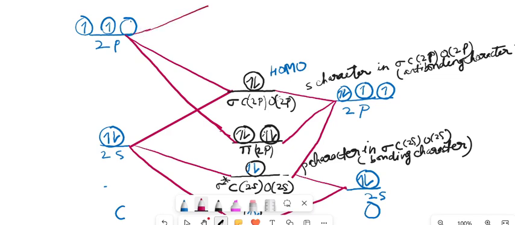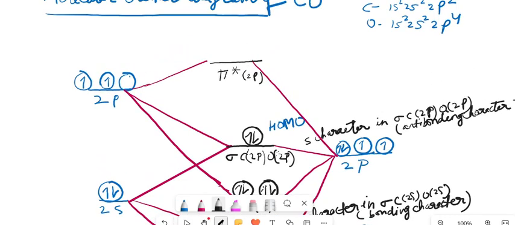Now the anti-bonding molecular orbitals are also formed, that is, pi star 2p and sigma star 2p. The pi star 2p are two degenerate molecular orbitals, anti-bonding in nature, and this is the lowest unoccupied molecular orbital. It is the lowest molecular orbital which is unoccupied, because all the electrons are now filled and pi star 2p remains empty. So it is the lowest unoccupied molecular orbital.